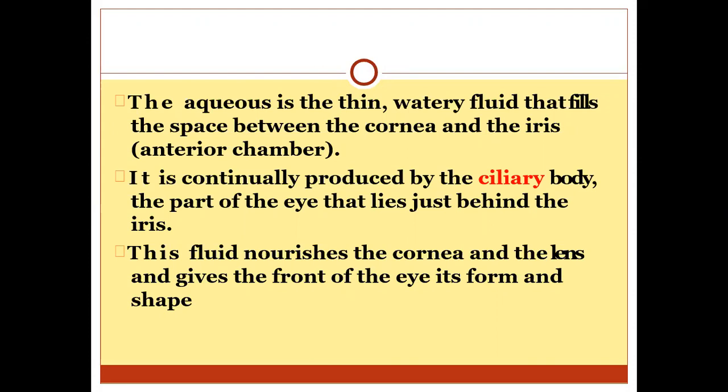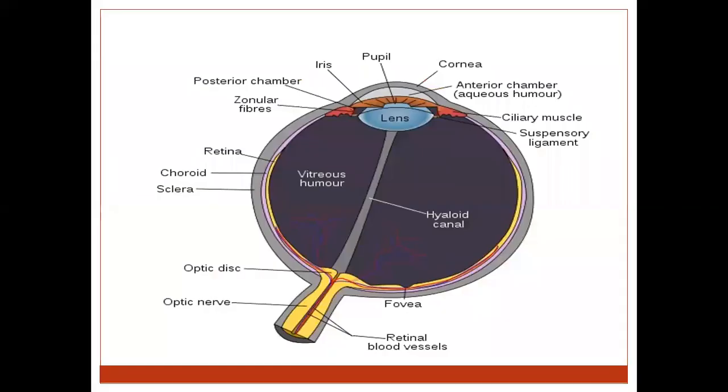The aqueous humor is a thin, watery fluid that fills the space between the cornea and the iris. Yes, we read this already in our last class. The location of the anterior chamber, where the aqueous humor is present, is the backside of the cornea.